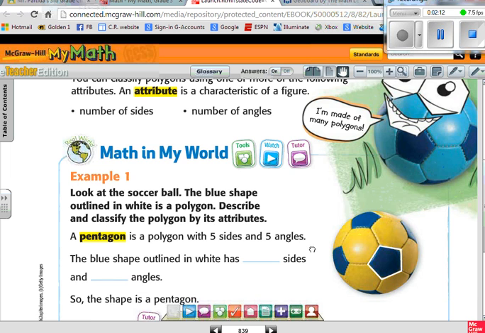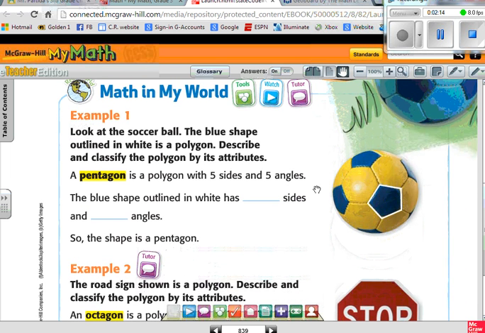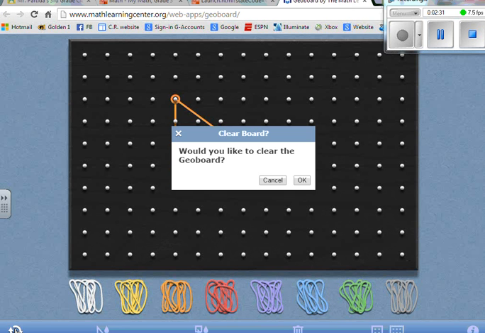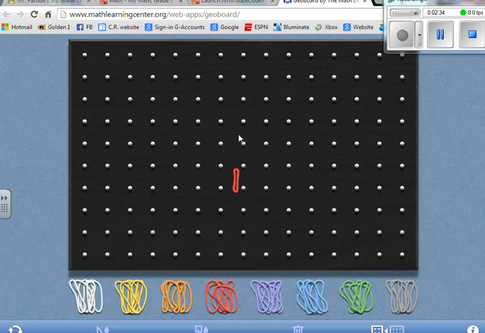Okay. Look at example number 1. It says, look at the soccer ball. The blue shape outlined in white is a polygon, right? So this shape right here, that's a polygon because it is closed, correct? And this is what they made. They made a pentagon.